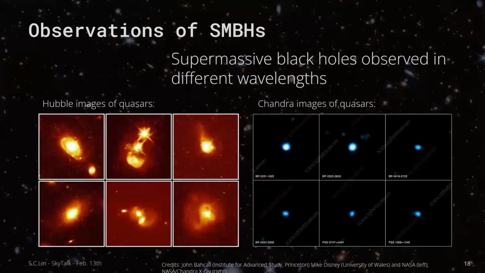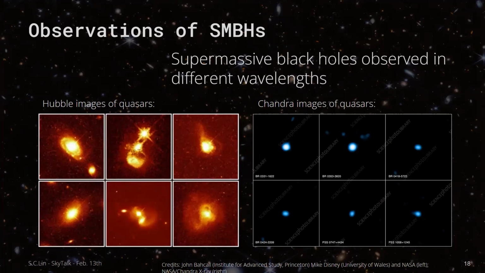And there are supermassive black holes. They can also be seen in different wavelengths. On the left-hand side here, it's a Hubble image, so basically the optical image, something close to what you can use your phone to get. And these are the supermassive black holes seen in the Hubble image. And on the right, it's the Chandra image, so basically the X-ray image of the supermassive black holes.